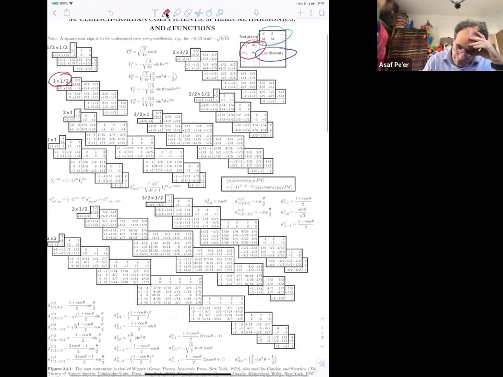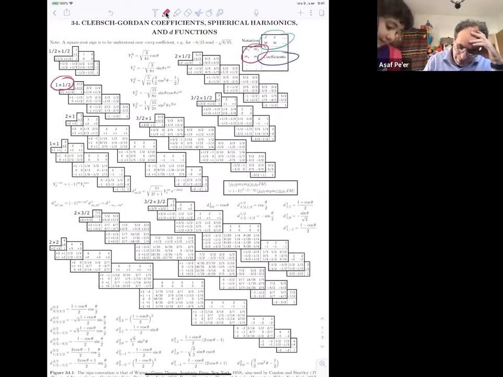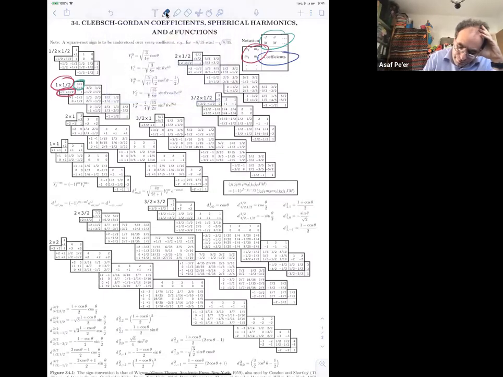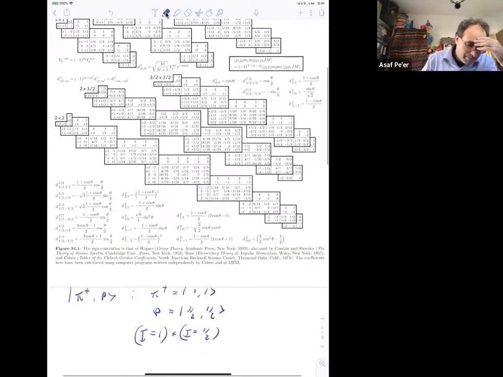So M1 and M2 is 1 and 1 plus 1 and 1/2. It's only this one, and the J and M is only one option: 3/2 and 3/2. And so the coefficient is square root of 1.